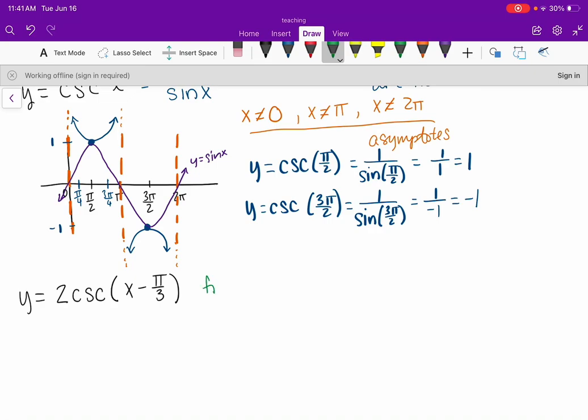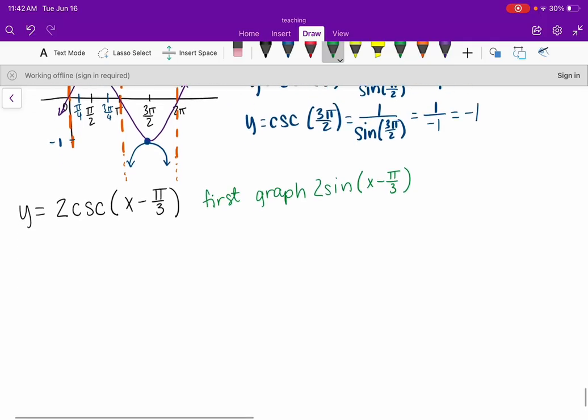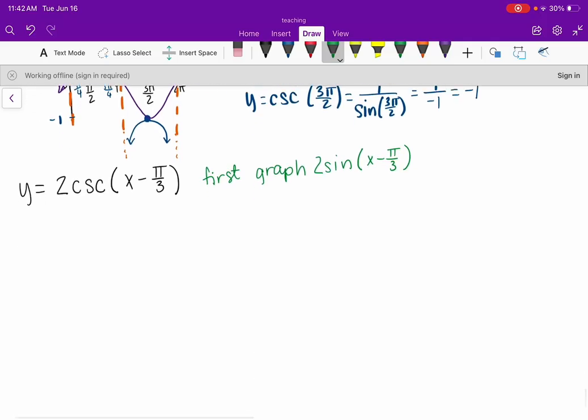What we would first do in general when we do this is we would first graph sine of the same graph. So we graph everything the same, but we would do sine instead. So I'll let you guys do that, but I'll just draw our graph for us.